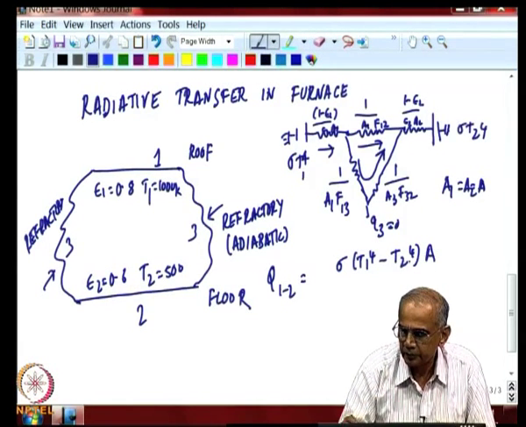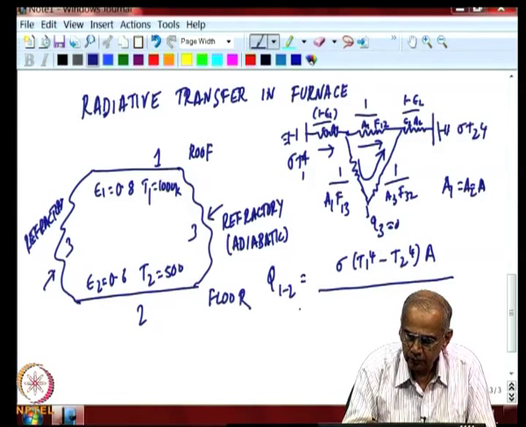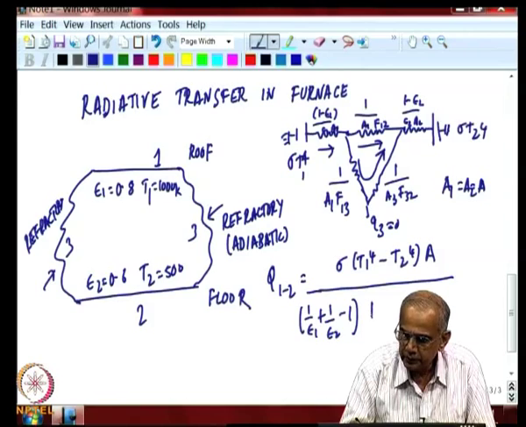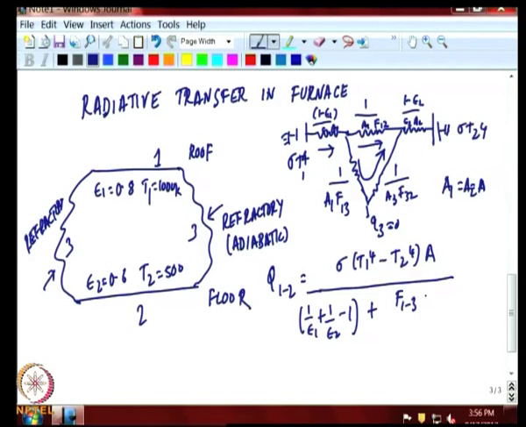It makes the algebra a little simple here, and you have 1 by epsilon 1 plus 1 by epsilon 2 minus 1 plus (F13 plus F23) divided by (F13 into F23) plus F12 into F13 plus F12 into F23.